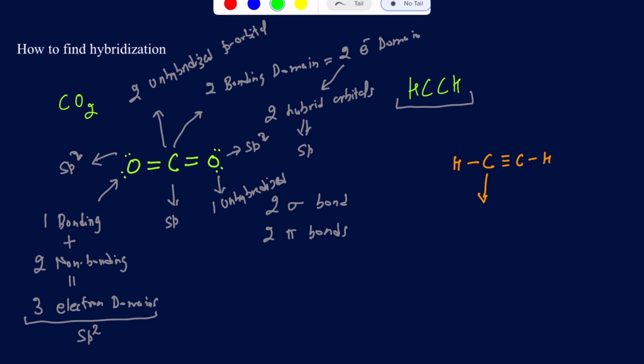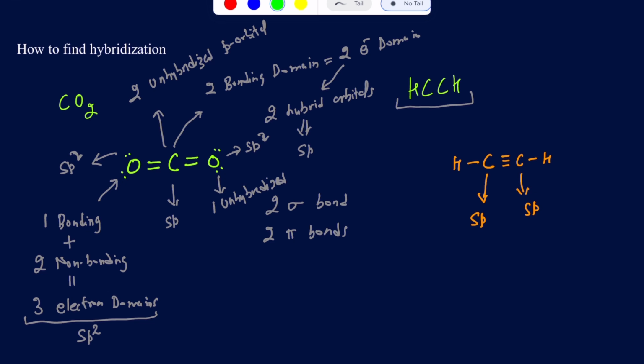So since I only have two electron domains in total, which are made of only the two bonding domains, there are no lone pairs or non-bonding electrons on the carbons here. This tells me I only need two orbitals to be hybridized, and for that reason this carbon is going to be sp, and this carbon is also going to be an sp hybrid carbon.